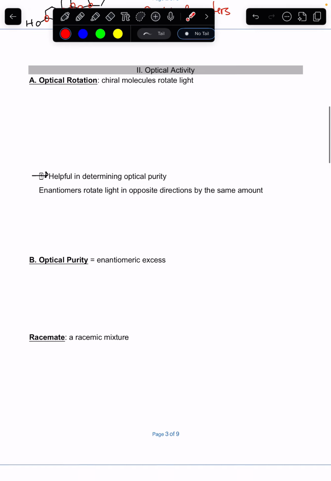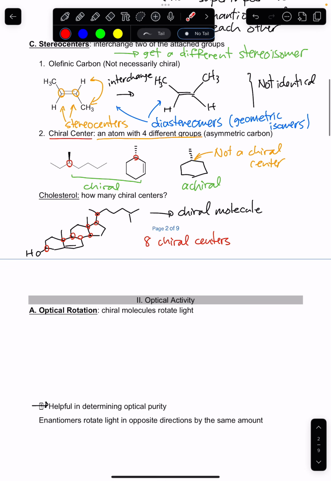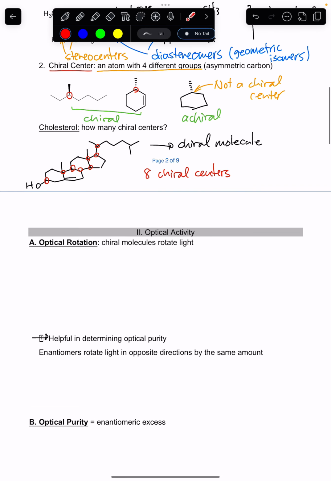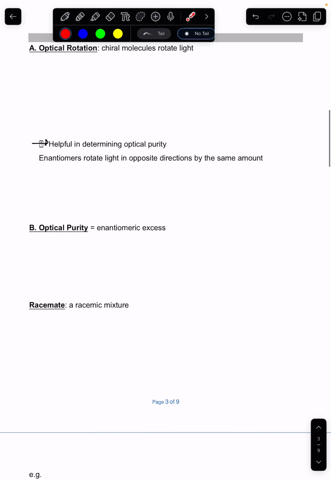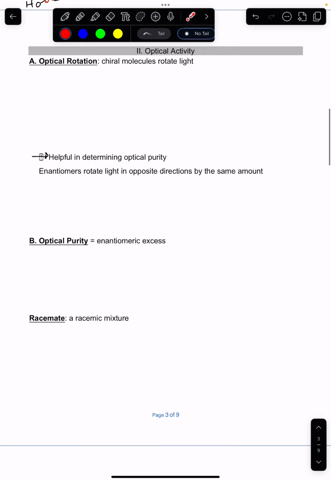Anyway, today in this video we want to talk about the physical properties that arise from chirality. Remember, being chiral means you have an enantiomer. If you have an enantiomer, you're chiral. So chiral molecules rotate light.